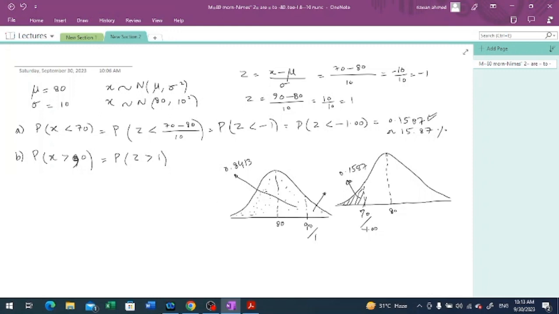How do we determine the area above? Because we are asked for this in this question. The total area under the curve is 100%, or the probability is 1. So from 1, when we take away this probability 0.8413, we get the answer 0.1587.